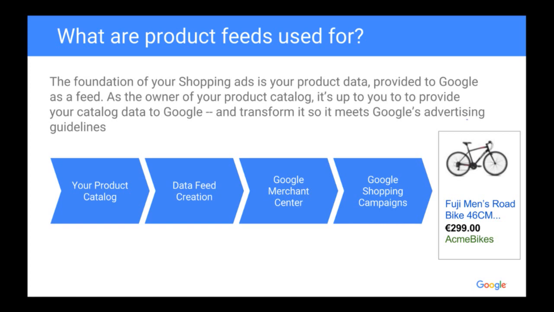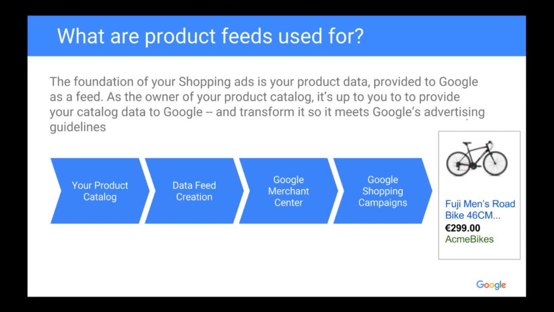That data then gets uploaded into Google Merchant Center. That is the sort of platform that houses all the product data that goes into Google Shopping. And then that is connected with our advertising system, with AdWords, and builds the basics of your Google Shopping campaigns.